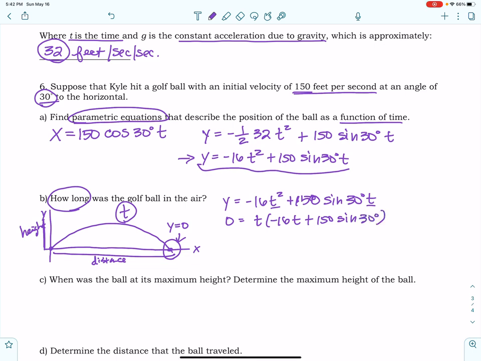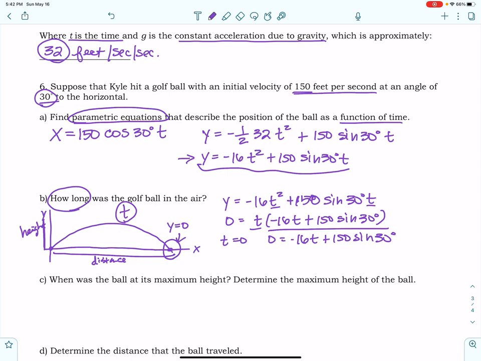And now what do we do with an equation that is written in factors? We set each of those factors equal to 0. So I've got this factor and this factor. So t equals 0 and 0 equals negative 16t plus 150 sine 30 degrees. So I'm going to solve this equation for t.